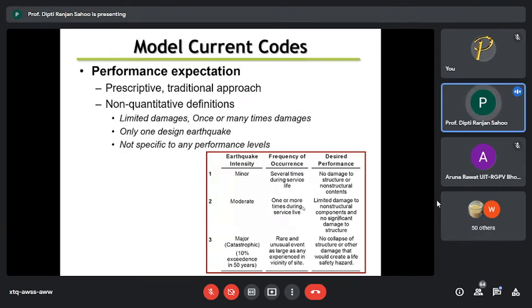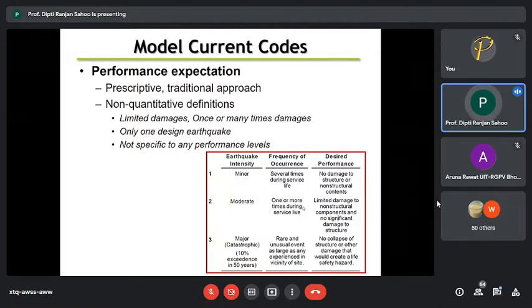So the current codes are mostly prescriptive. In the beginning of the last lecture, I said that there are earthquake intensities: minor earthquake, moderate earthquake, major or severe earthquake, which are mostly defined by frequency of occurrence. The minor earthquakes are more frequent, major earthquakes are very rare and unusual. And I defined no structural damage, or limited structural damage, or no collapse.